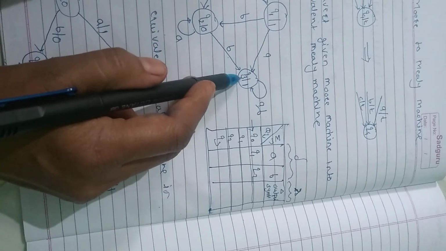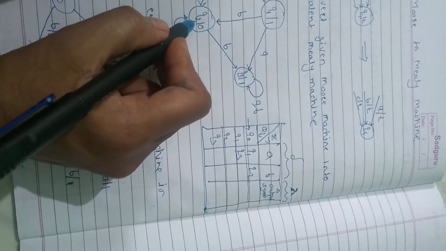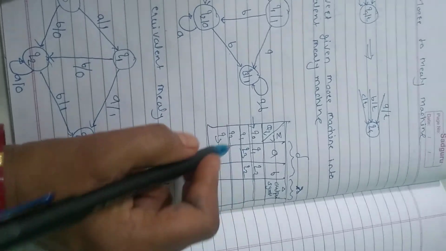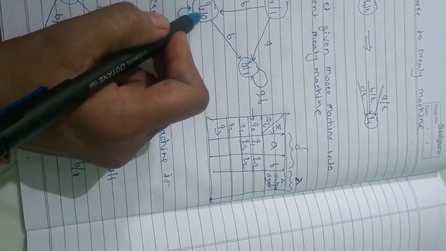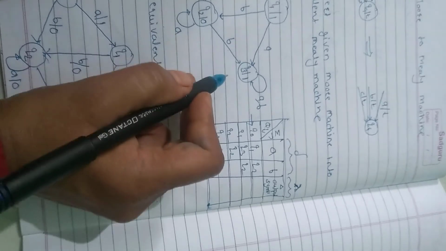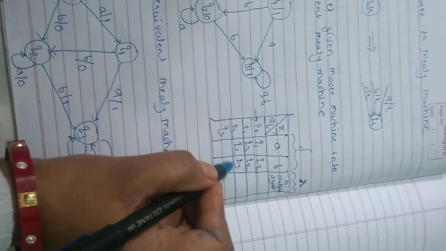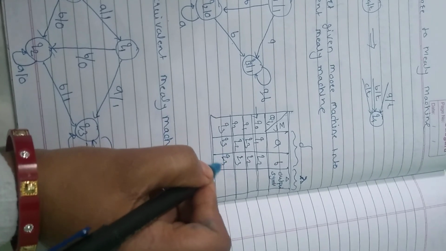Q1 on A: the next state is Q3. Then Q1 on B: the next state is Q2. Then Q2 on A: the next state is Q2. Then Q2 on B: the next state is Q3. Then Q3: the next state is Q3.